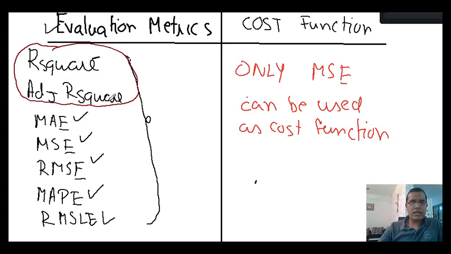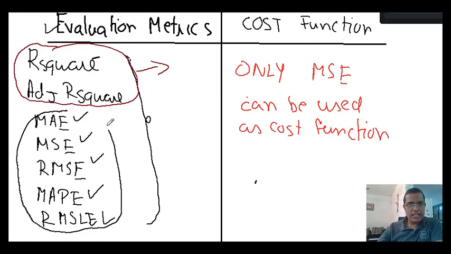If I'm using R square and adjusted R square, then higher the R square or higher the adjusted R square, better is my model. But if I am using MAE, MSE, RMSE, MAPE, RMSLE, then lower the value, better is the model. So all these parameters are my evaluation metrics.